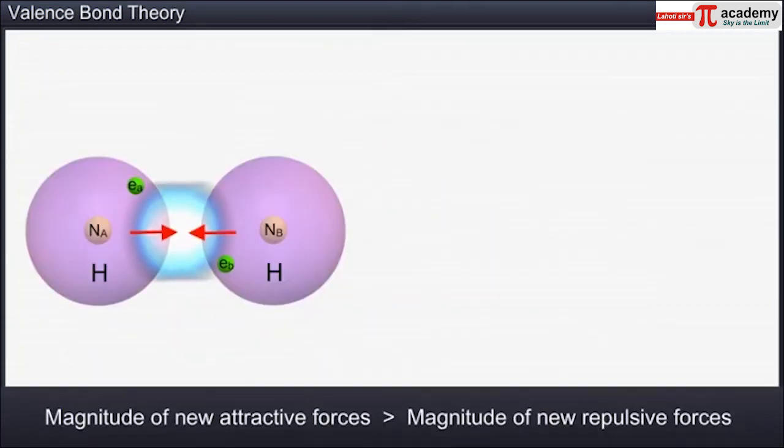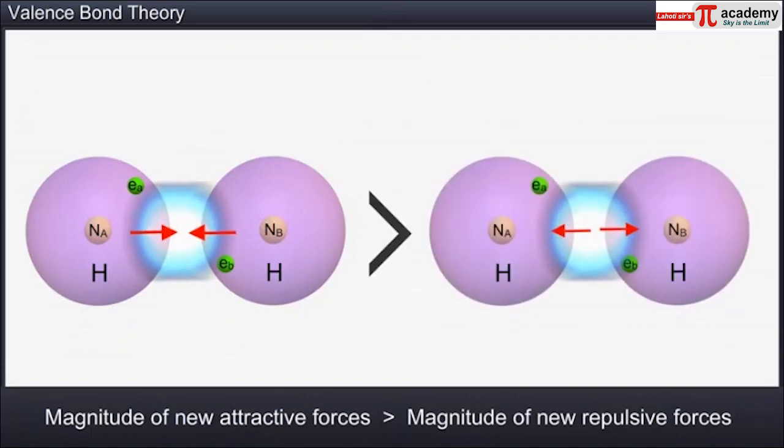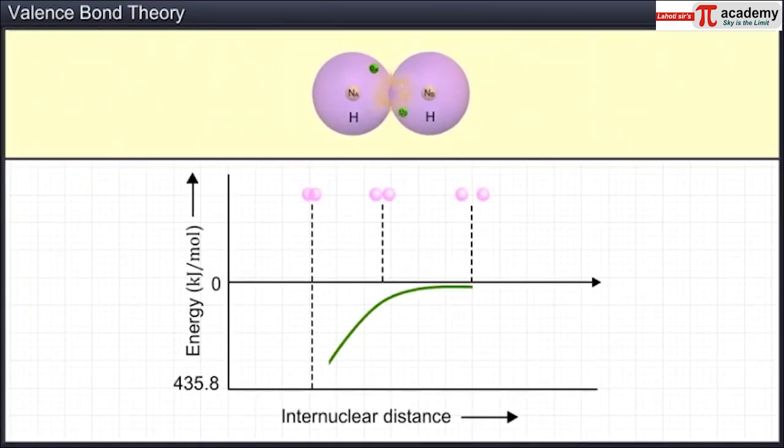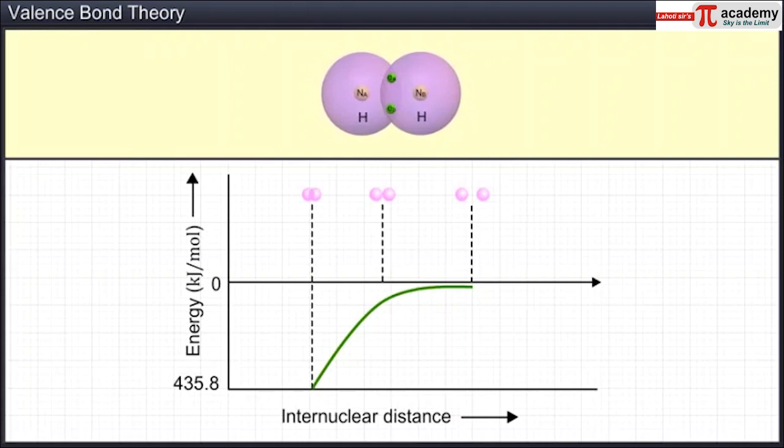Experimentally, it is found that the magnitude of the new attractive forces is more than that of the new repulsive forces. As a result, the potential energy decreases as the two hydrogen atoms approach each other. Ultimately, a stage is reached where the nuclei remain at an optimum distance, such that the net force of attraction balances the net force of repulsion.